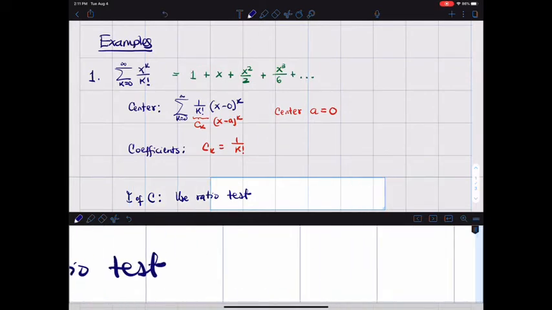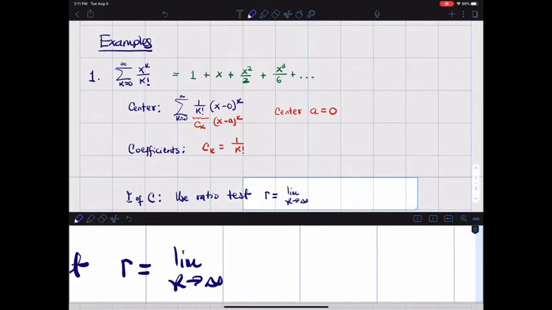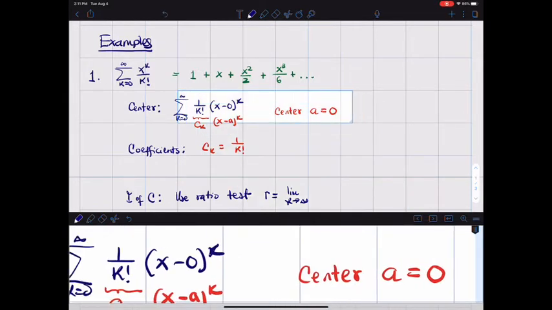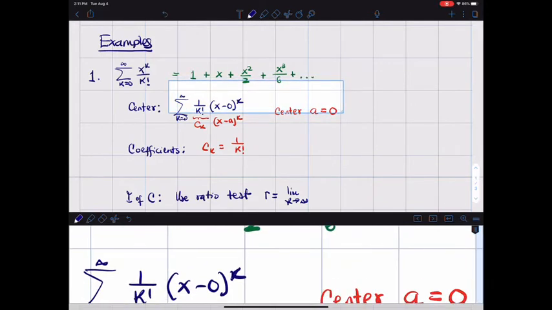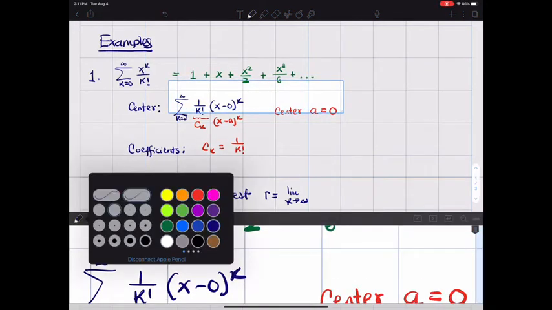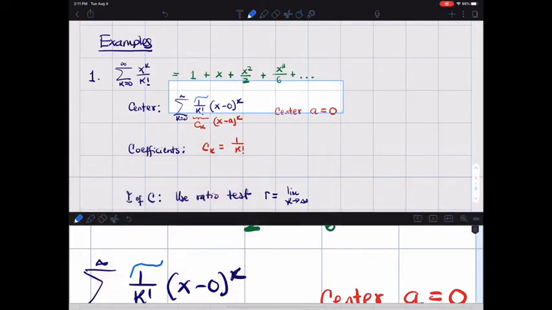So we're going to say r is equal to the limit as k goes to infinity of our ak. Think about, what am I calling ak? Now we're going to treat the whole of this as a regular series. So the whole of this part is our ak.